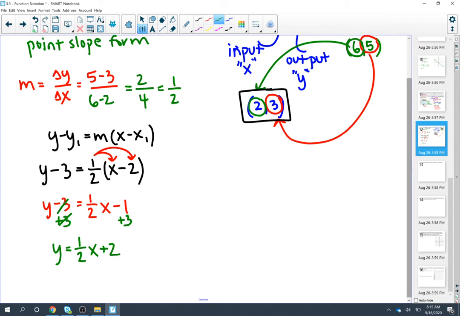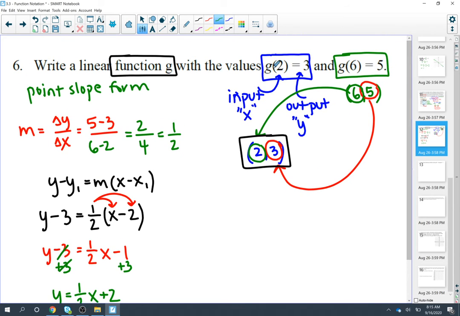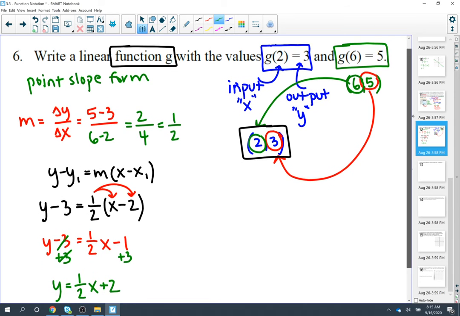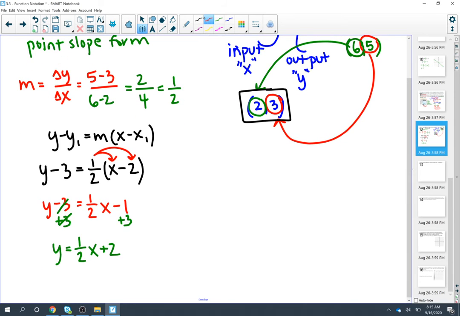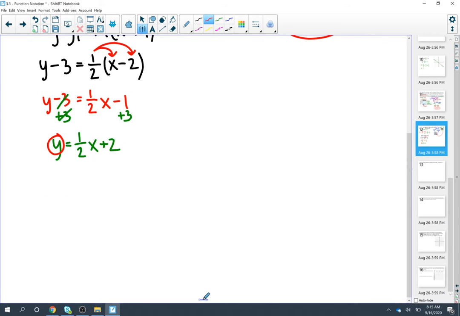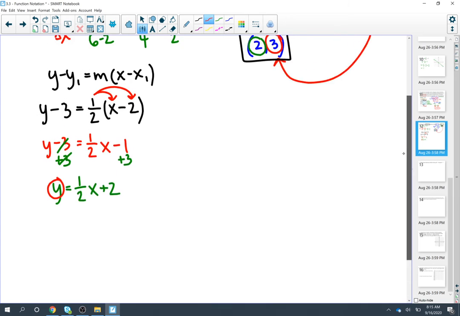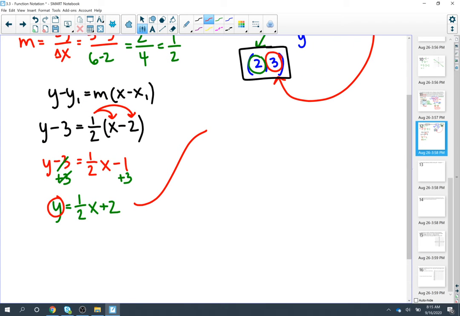Now that's beautiful, but I want a linear function g, which means g of 2 has to be 3, g of 6 has to be 5, which means instead of a y value here, we're going to replace that with g of x. So g of x equals 1/2 x plus 2.